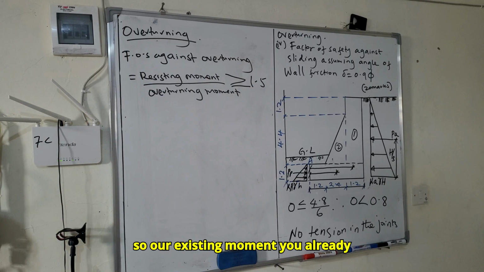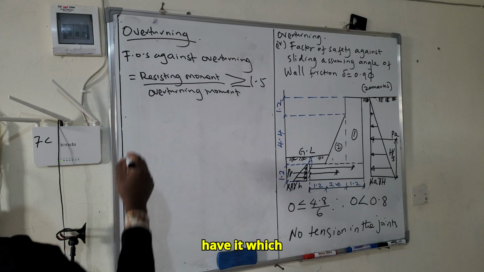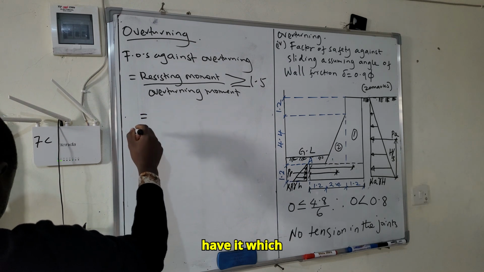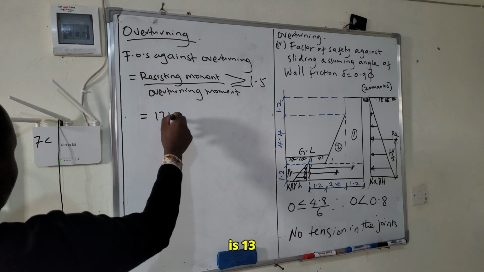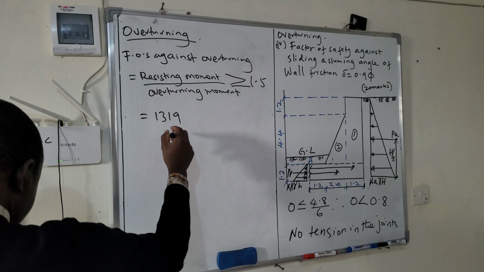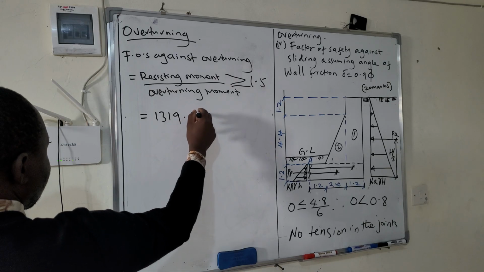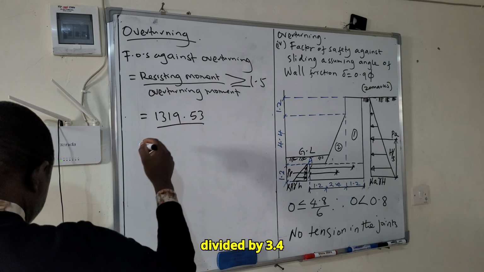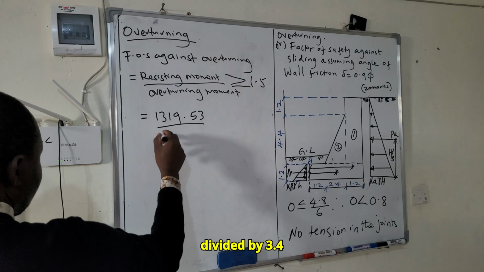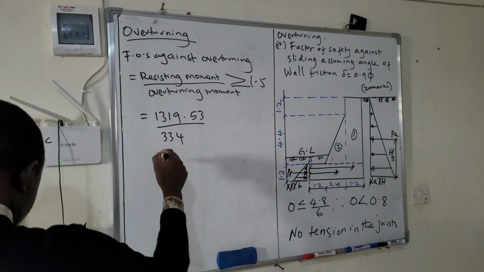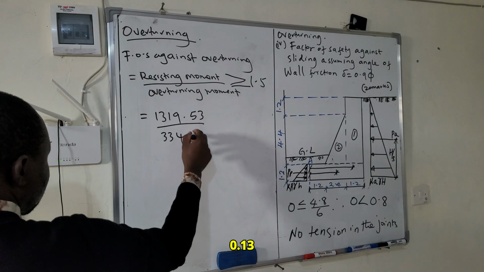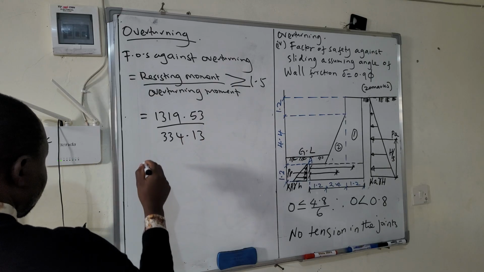So our resisting moment, we already have it, which is 1319.53 divided by 334.13.